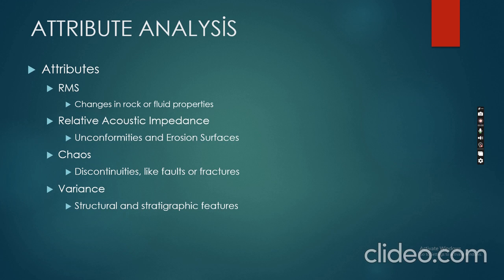So where there is low similarity, we usually have some discontinuities like faults or fractures. And another similar attribute is variance, and it is also a statistical attribute that shows how much the signal changes locally, and it is also very useful to identify structural and stratigraphic features like faults or fractures.